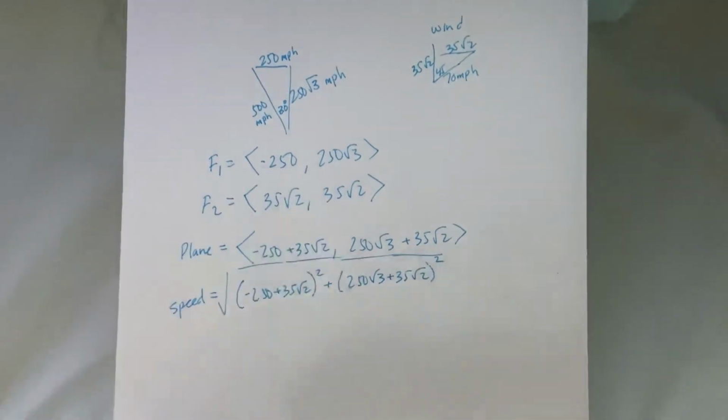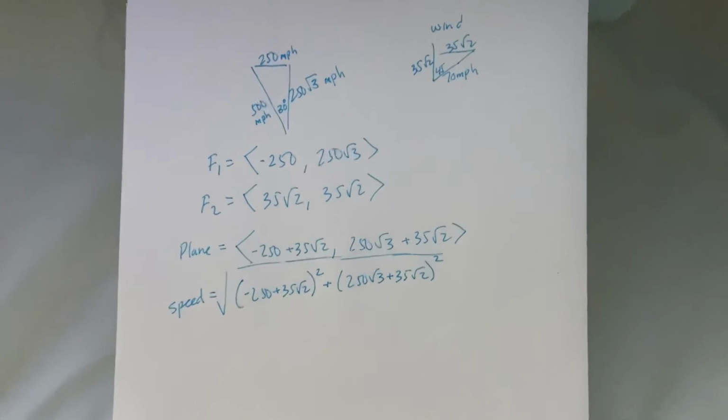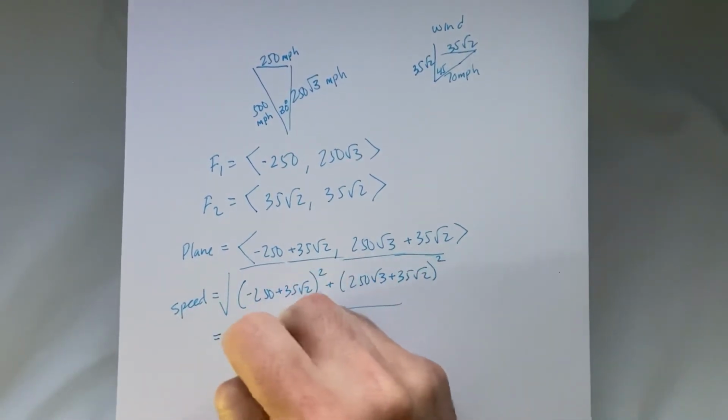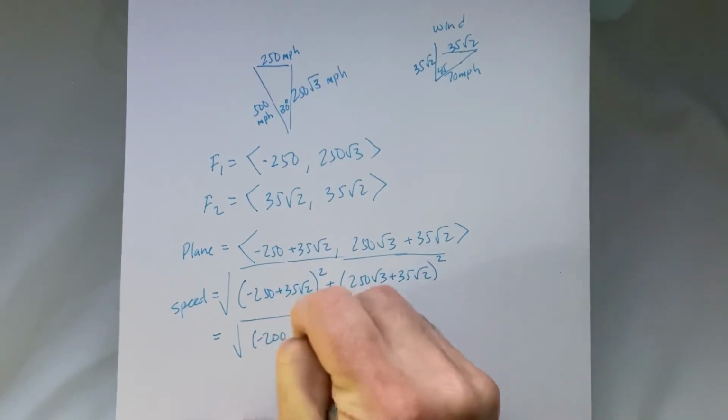Now you can put this in the calculator or Google. I'll get approximations for those two numbers before. So let's look. What is negative 250 plus 35 square roots of 2? That's approximately negative 200.5, squared.